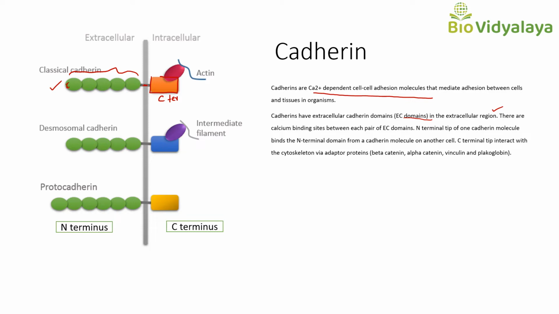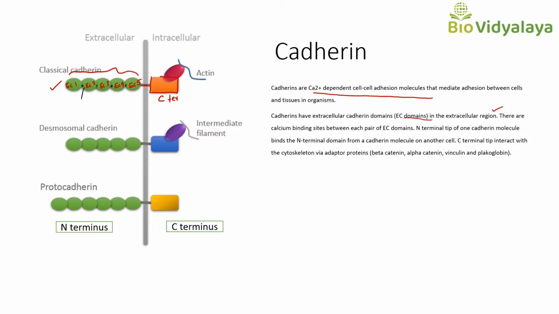This is EC1, this is EC2, this is EC3, this is EC4 and this is EC5. These are EC domains. In between these EC domains we can see calcium binding sites, here, here and here.